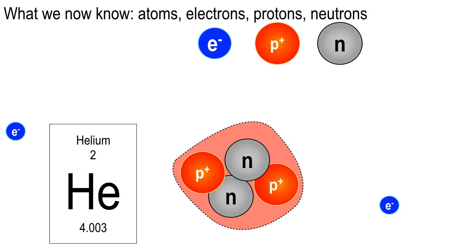This little rectangle is the upper rightmost rectangle of the periodic table, the helium rectangle. So it says the name, helium, the symbol, He. The 2 symbolizes the number of protons in the nucleus, 2 protons.